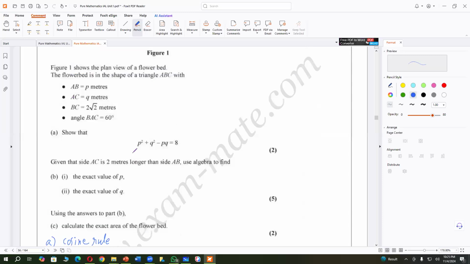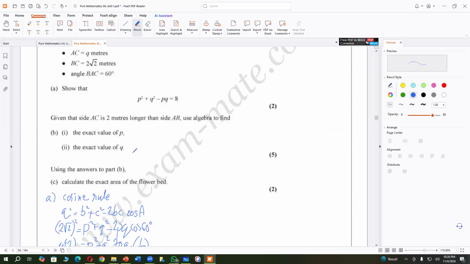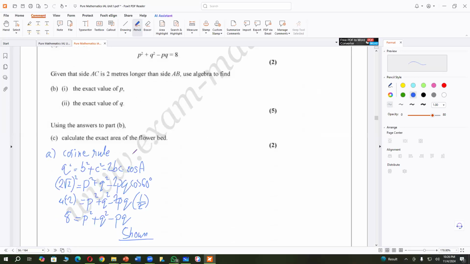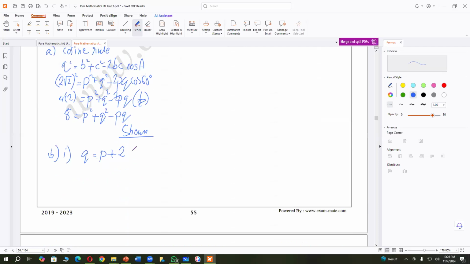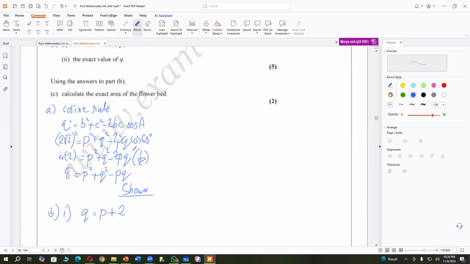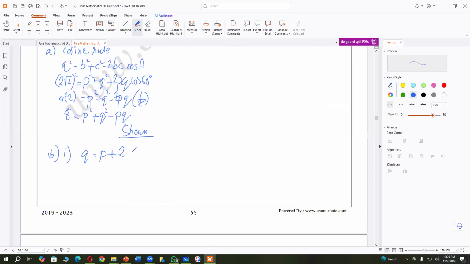The exact value of Q. So should I think about solving these two equations? If I have this equation, P square plus Q square minus PQ is equal to 8.